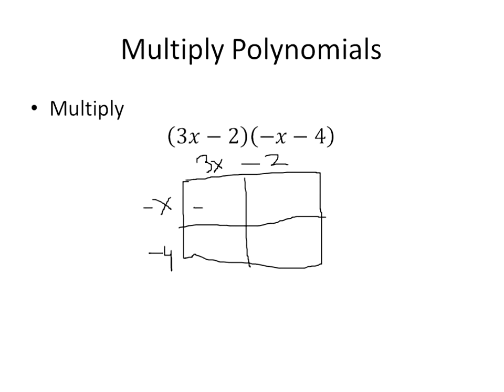Okay, negative x. So negative x times 3x would be negative 3x squared. And those of you that built it, is that what you got for that section? 3 negative x squareds? And you built it, is that what you got?